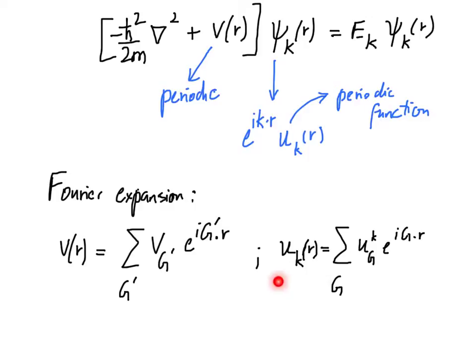Likewise, we have the other periodic function u k of R, and since both u k of R and V of R have the same underlying periodic spacing, they can both be written as a Fourier series with the same set of reciprocal lattice vectors G. However, since we are going to have both V and u buried in psi in the same equation, we want to distinguish between the two sums and keep track of them separately. So we want to use a different set of indices for our reciprocal space expansion coefficients, so we're using G prime over here and G over here.